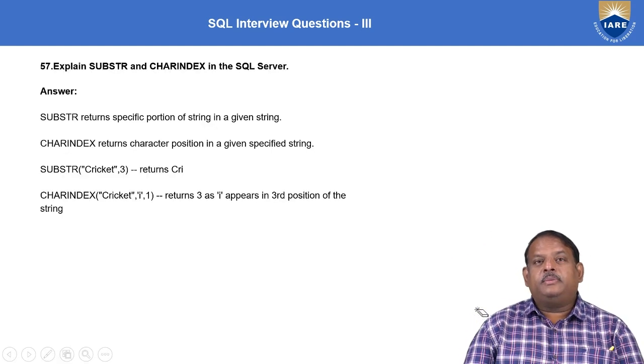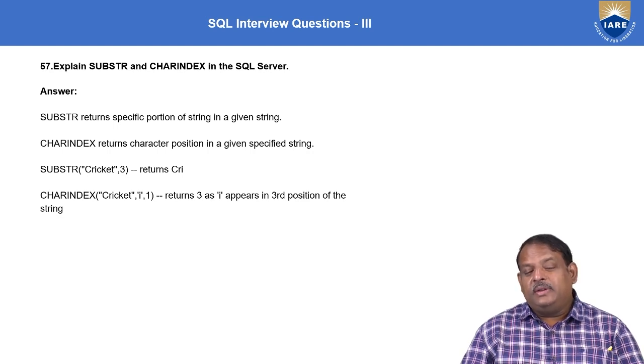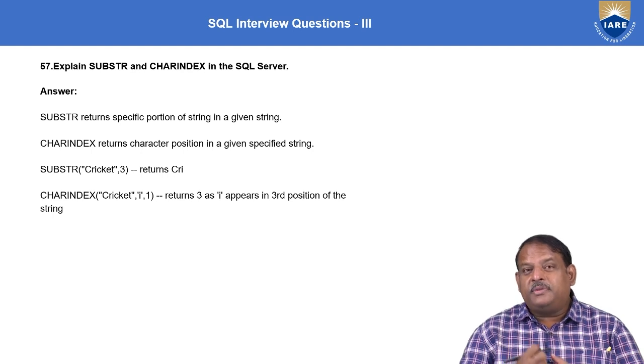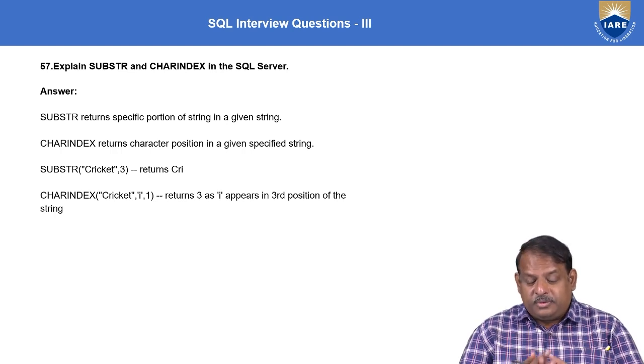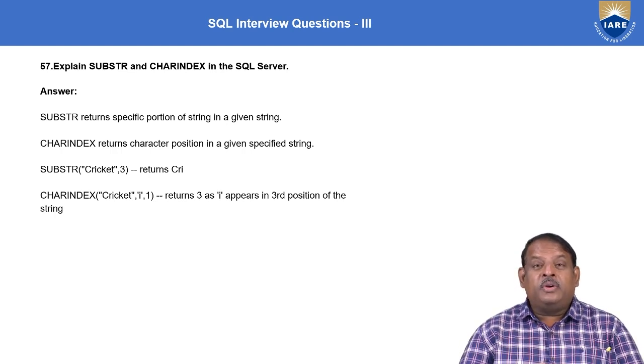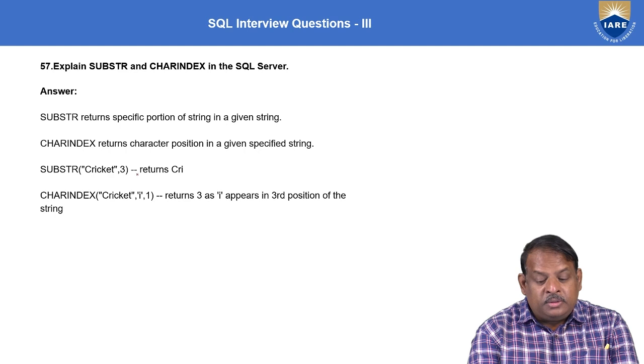Now explain the substring and the charindex functions. Substring is when, from a given string, you want to get some part of the string, whereas charindex gives the character position in a given string. So if I say substring of cricket comma 3, from the starting of the string, the first 3 letters will be given: cri.